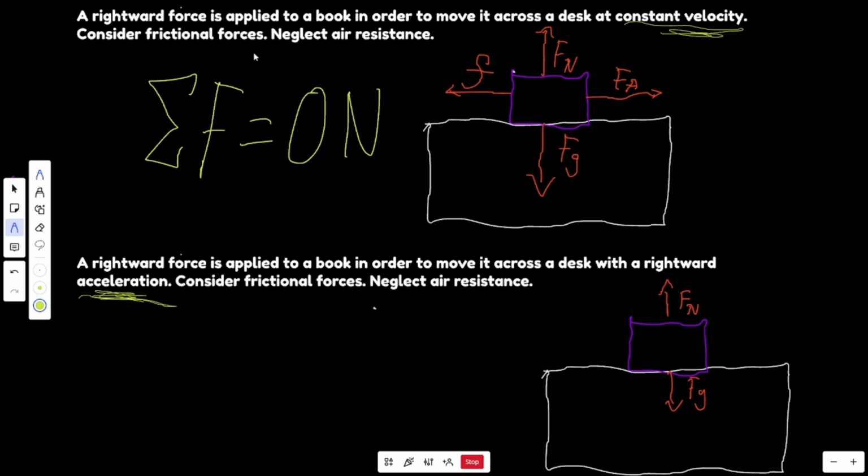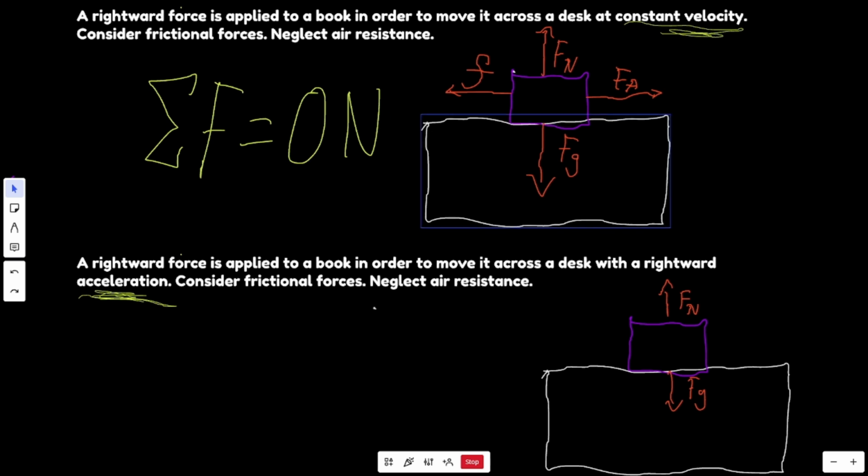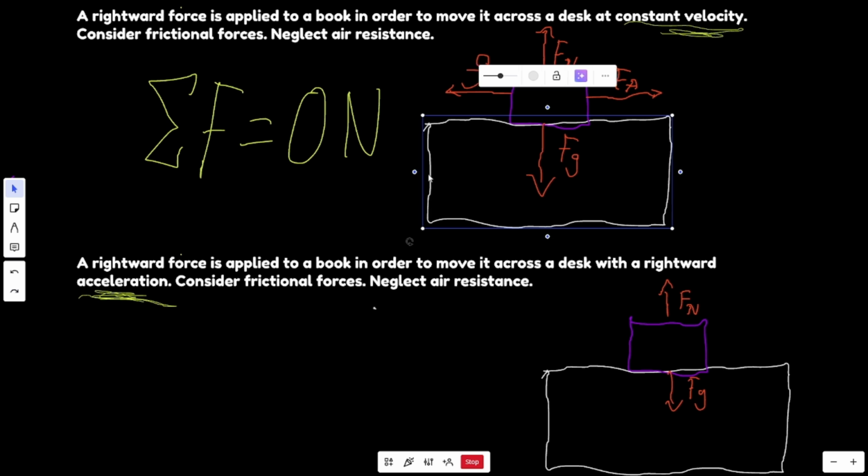Well, not really forever. Obviously, it will stop because of frictional force. But that's how you're supposed to illustrate it, considering that it's at constant velocity. In a real life situation, of course, the book would eventually slow down. And that's because of friction itself. However, just for this situation, this is the correct answer.